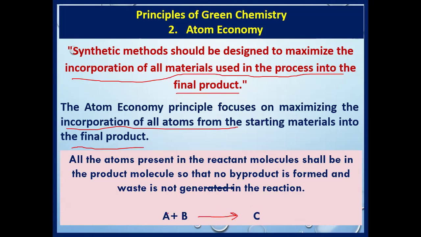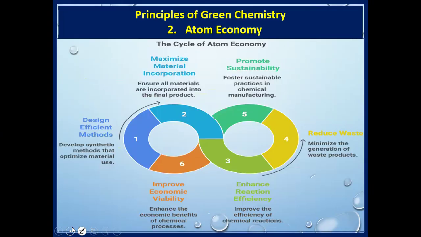For example, if two reactants A plus B combine, these must be converted into C. That means all the atoms present in A and B are in the molecule of C. So no byproduct is formed in this reaction. If no byproduct is formed, that means no extra product is released as waste in the reaction. So this is the basics of the atom economy principle.